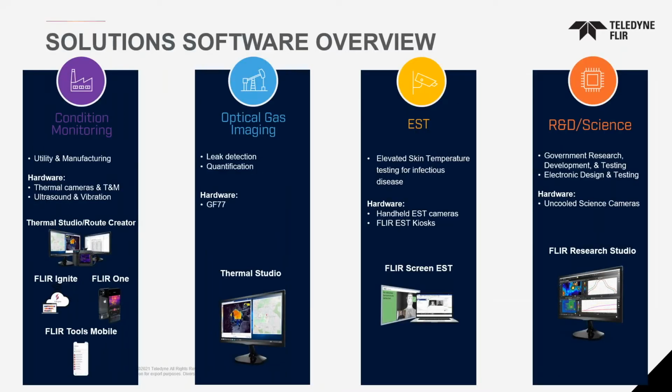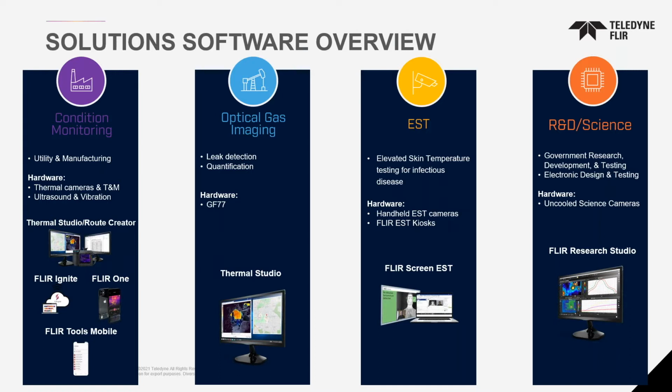All right, so as I said, we got a bunch of different verticals for Teledyne FLIR. And the 4 main verticals that some of you on this call might be working in are, for us, condition monitoring, optical gas imaging, EST, which is elevated skin temperature, and then R&D and science. So again, we have different software solutions for all of these different camera solutions.